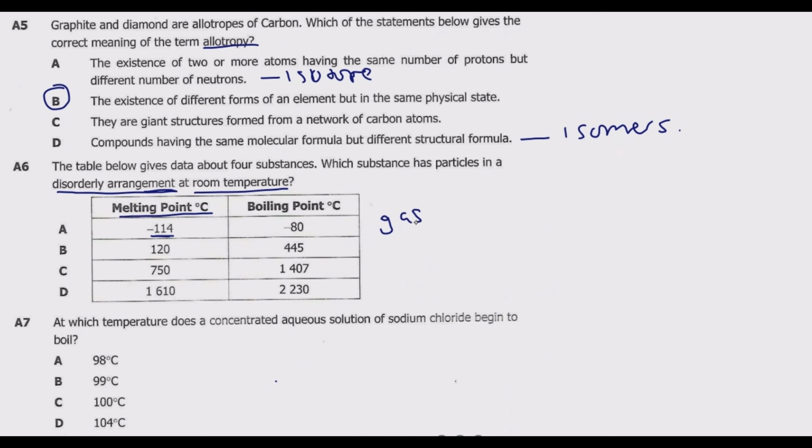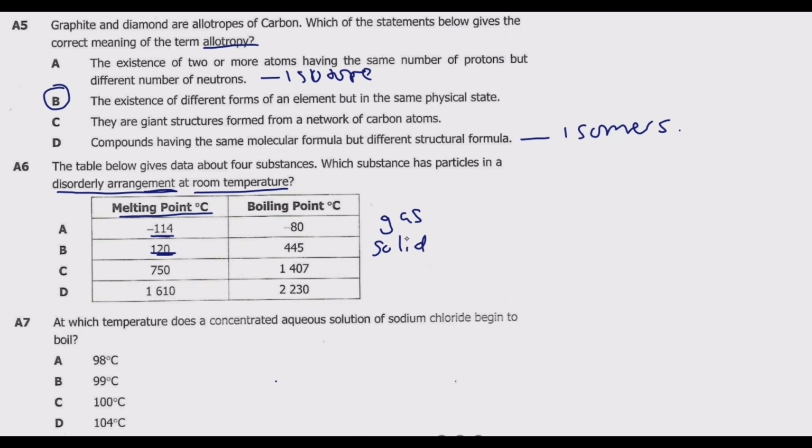So at 445, this will still be in solid state, because this is way above the room temperature, which should be between 10 and 30 degrees depending on the region. So this should be in the solid state.